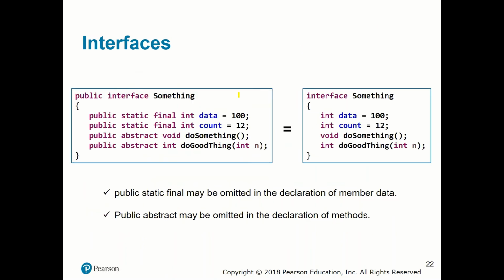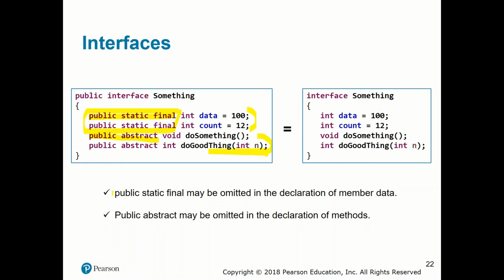This interface has two data members and two methods. The data must be declared public static final, and the methods should be declared public abstract.